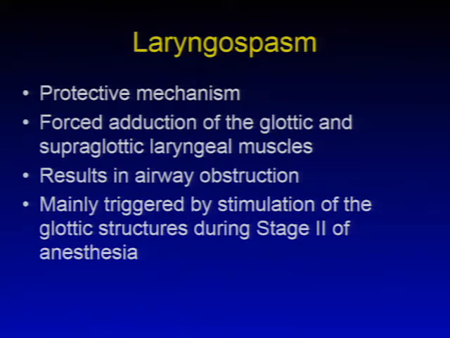It occurs by forced adduction of the glottic and supraglottic laryngeal muscles. This results in airway obstruction. It could be anywhere from complete obstruction to less severe, where they're able to move some air through the larynx itself. Laryngospasm is mainly triggered by stimulation of the glottic structures during stage 2 of anesthesia, but as mentioned, it can occur at any time.